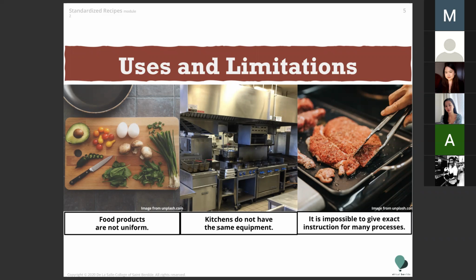You do it traditionally, meaning you put fire using wood, for example, and you cook it outside in a grill with wood. You put a strong pot there, and that's the only way you could cook a stew, for example, because maybe your gas was empty. So it's very impossible to give exact instructions for many processes depending on the limitations that you have.